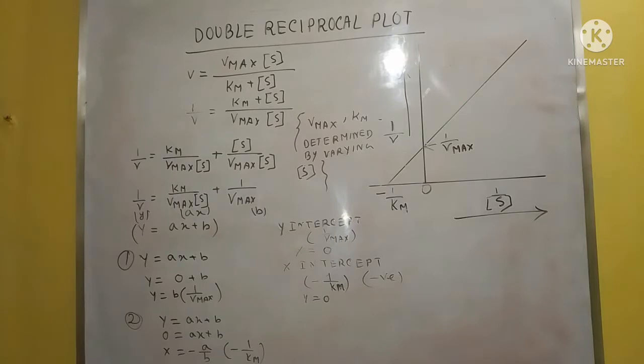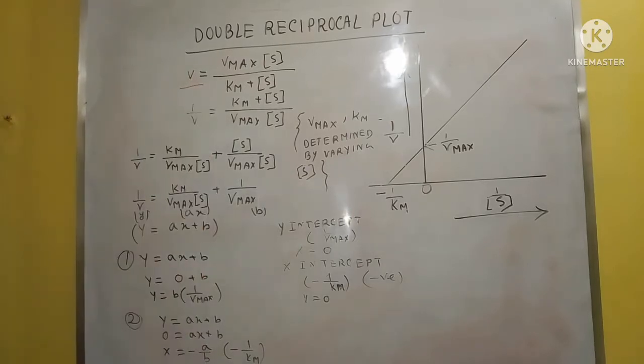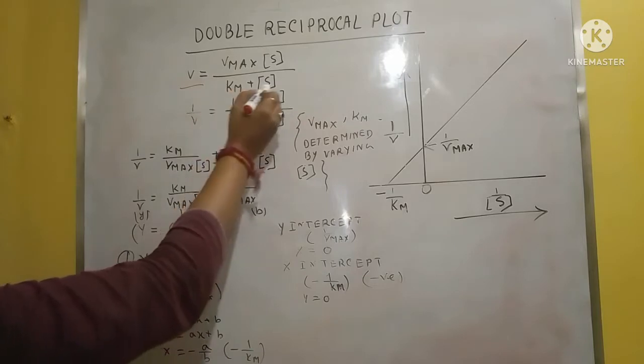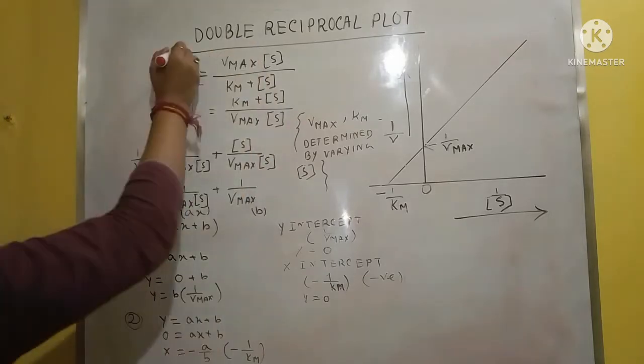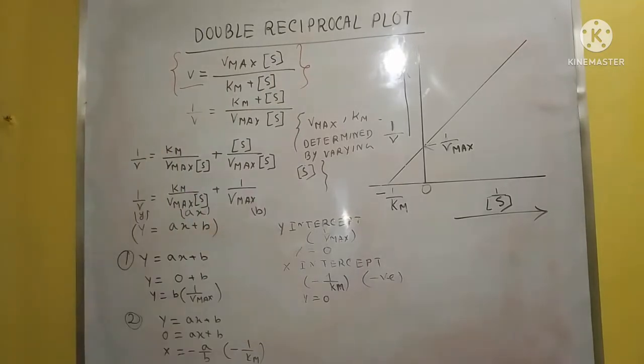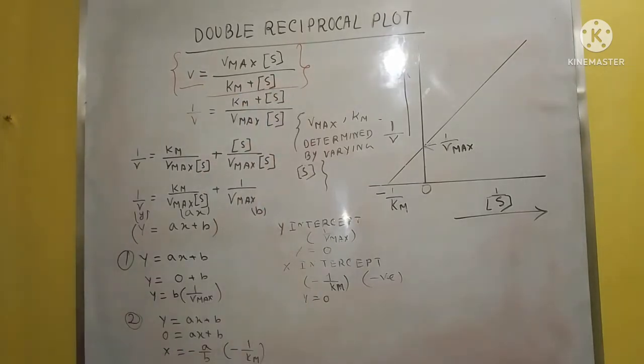Okay. So what is the Michaelis-Menten equation? That is V equals Vmax times substrate concentration divided by Km plus substrate concentration, and this is the Michaelis-Menten equation. They established this equation. Clear?